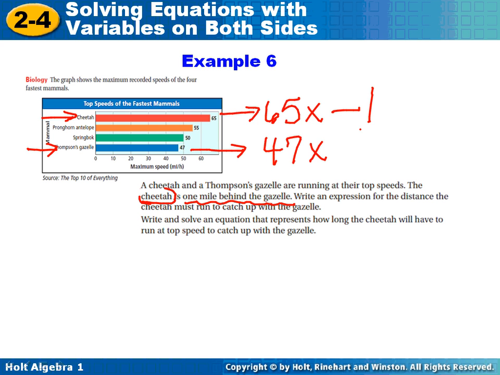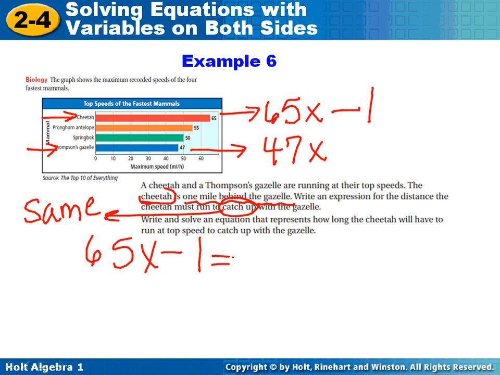Now it wants to know when we're going to catch up. Well, catch up is kind of like the word same. So we're going to make them equal to each other. So 65x minus 1 is my cheetah, and 47x is the gazelle. Moving my letters to the left might be easier right now, so I'm going to subtract 47x.